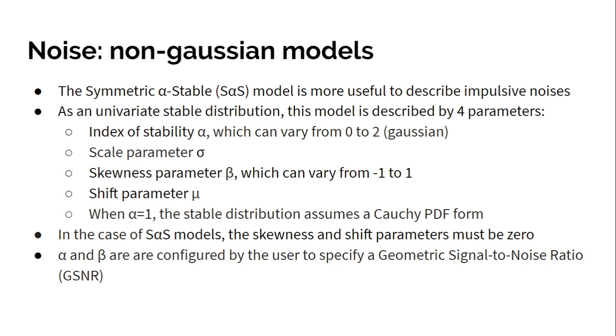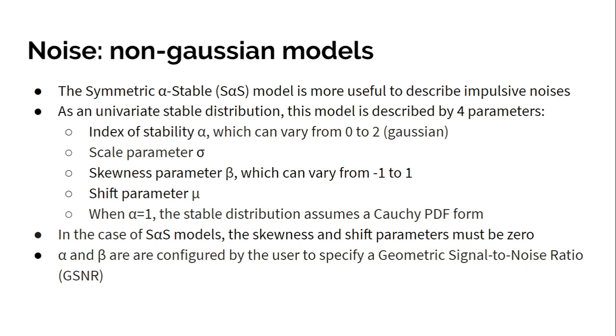So I'm just going to talk about some of the main parameters that are involved with this model. It has four main parameters: the index of stability alpha that can vary from 0 to 2, the scaling parameter sigma, the skewness parameter beta that can go from -1 to 1, and the shift parameter mu.